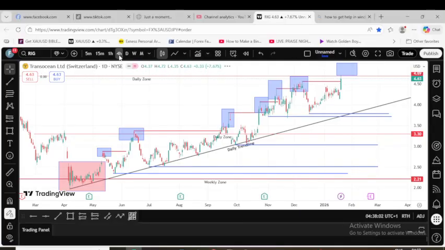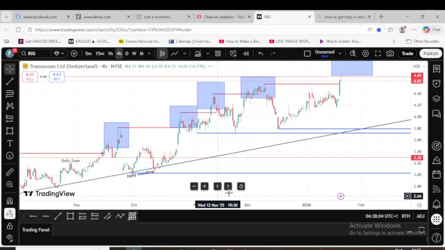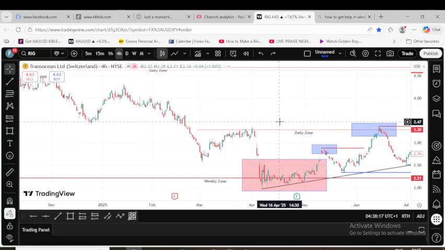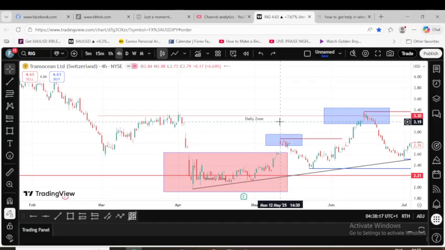Let me show this before saying so much. So let's come here and look for any structure, and look for any macro chart patterns that appear here.